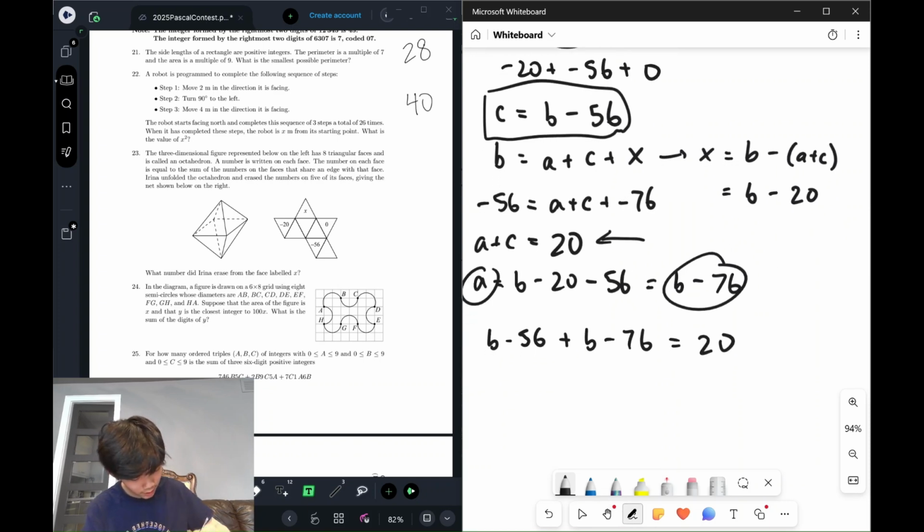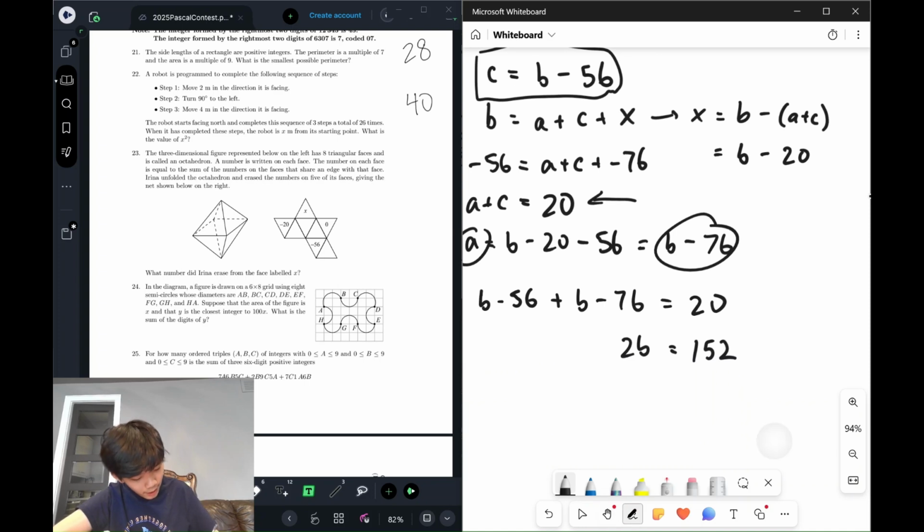This gives that 2b is equal to 20 plus 56 plus 76. That's going to be 152. Dividing by 2, we get that b will be equal to 76.